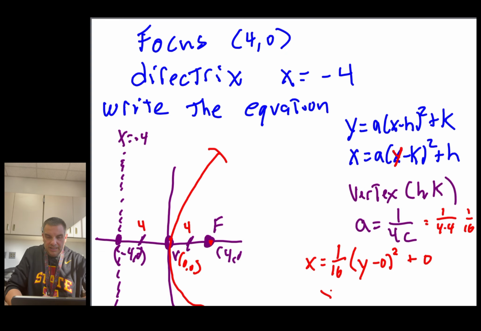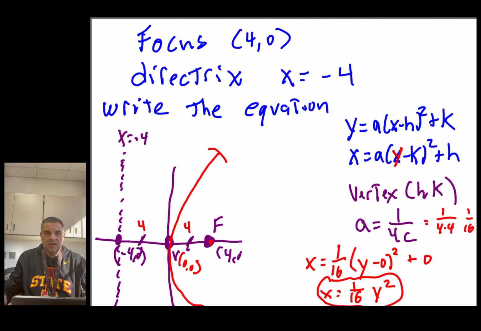You could leave it like that, or rewrite it as x is equal to 1/16 times y squared. That's the same exact thing. So we've written the equation of that parabola given the focus and the directrix, and that's really our goal today, to be able to do this.